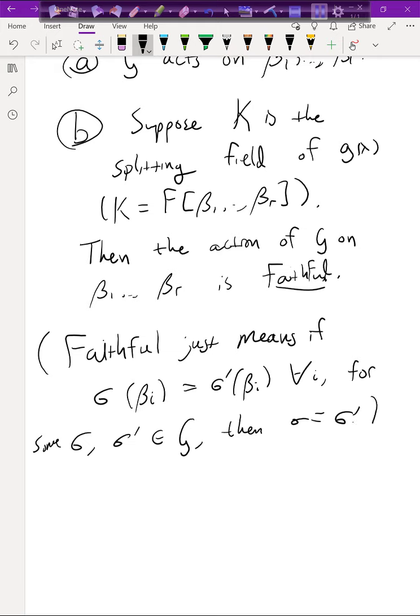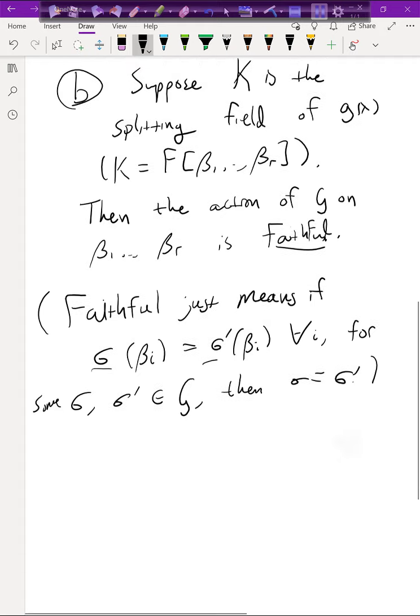Now this is quite easy for us to see in our case, because if K is the splitting field of g(x), and so K is F(b1 through br), then an action of sigma is completely determined by where it sends the bi. So if I know where it sends the bi, then I completely know what sigma is. So sigma bi equals sigma prime bi for all i definitely implies that sigma equals sigma prime. So there's nothing to prove there.